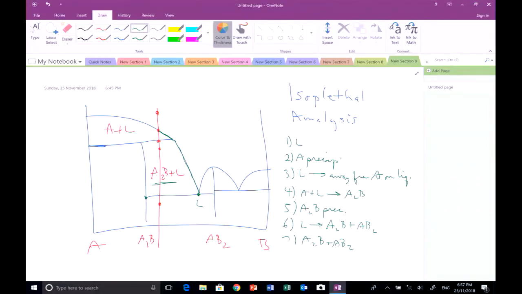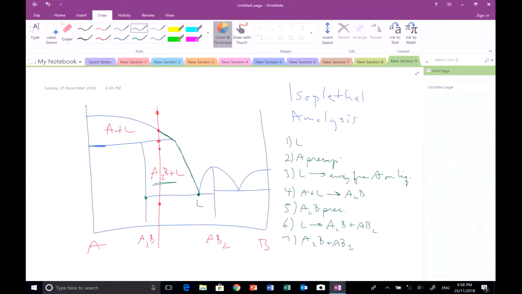So now think, it drops into a solid, and AB2 is precipitated, but it's not just AB2, it's actually a eutectic that's solidified, but we're not quite there yet. I have to tell you about microstructures. So your phase assemblage, your lever, is A2B plus liquid when you cross that line.